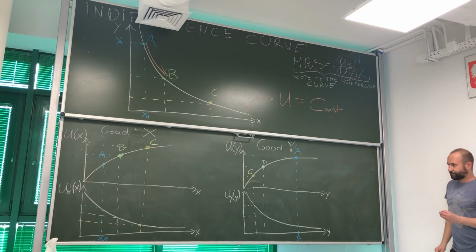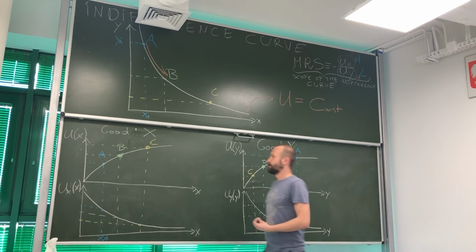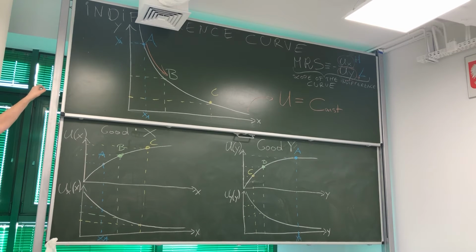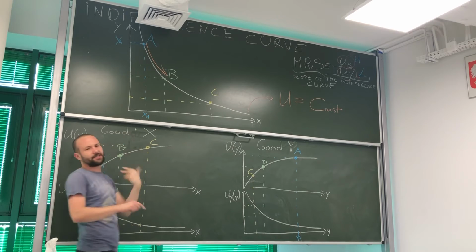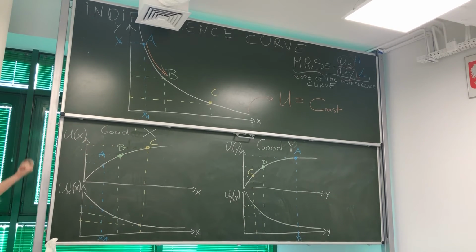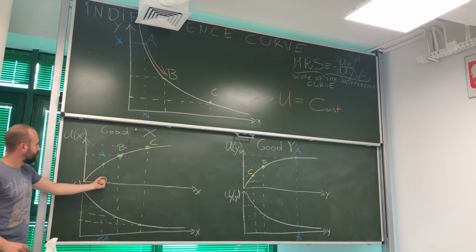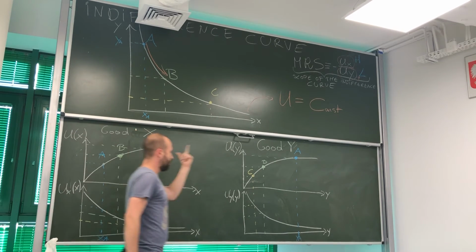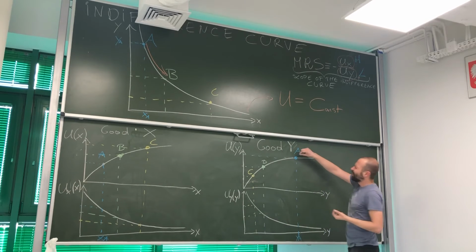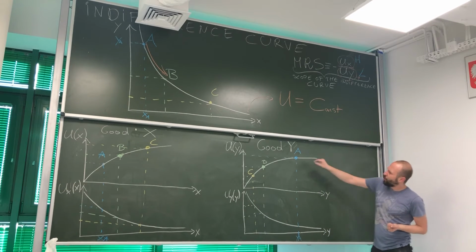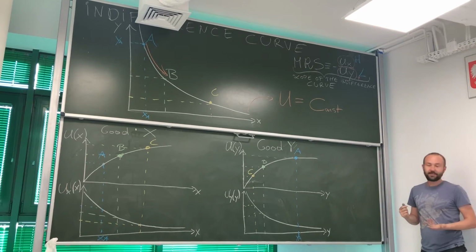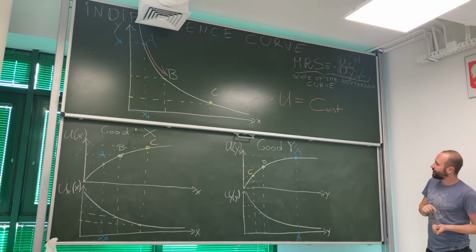Okay, so look, we are considering a move from A to B. So we are going from a bundle that is really abundant in Y, and X is scarce in this one, right? So we know that the customer is valuing good X a lot, while at the same time good Y not much, right? The customer already has a lot of it. So what is happening here?